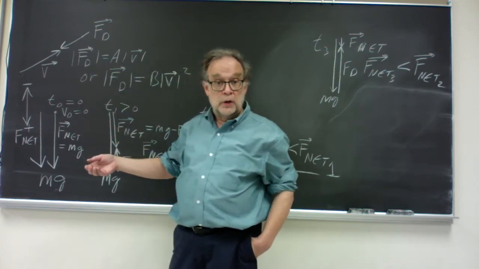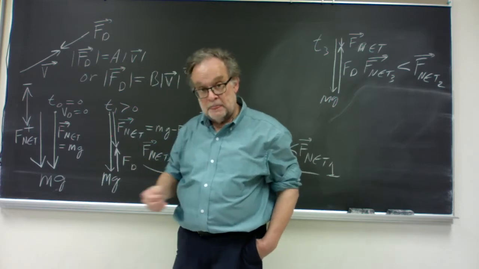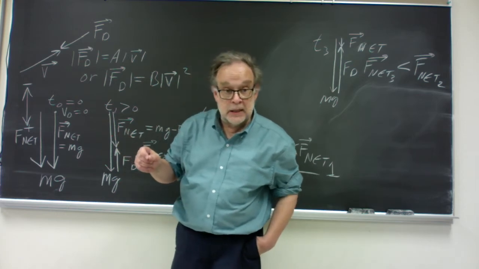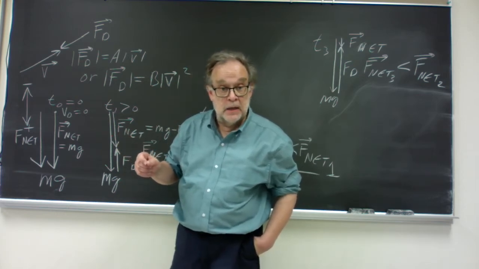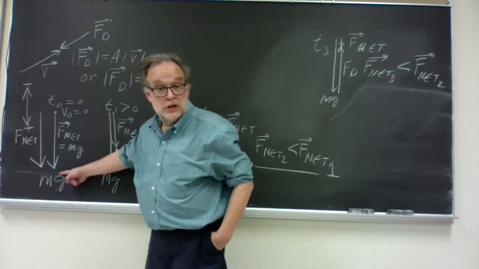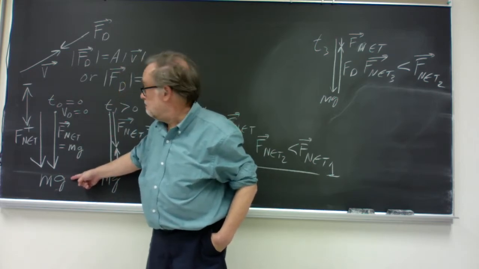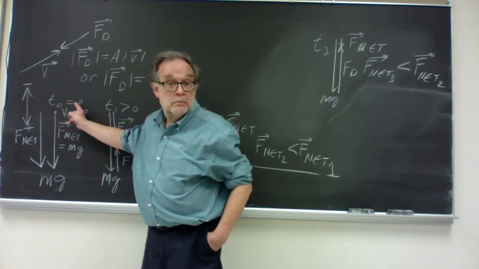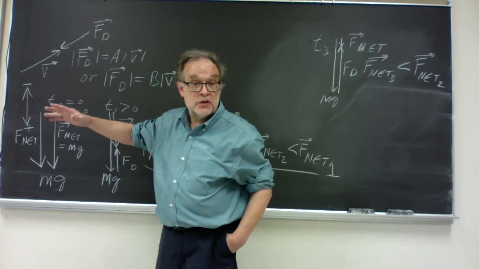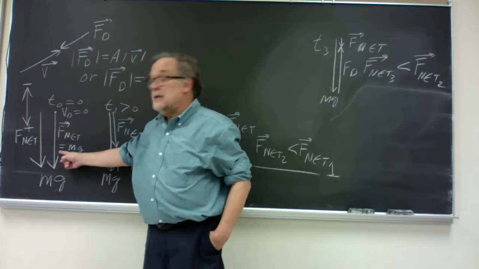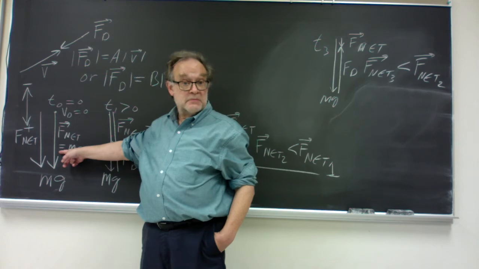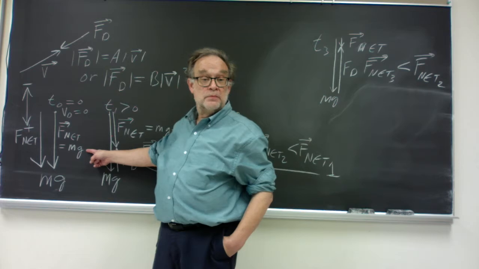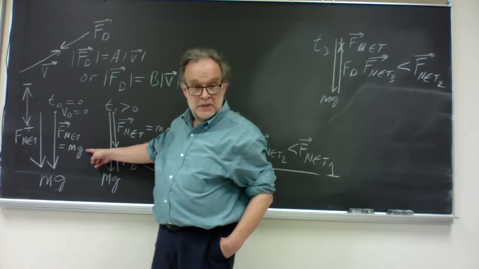Drag force acts only on an object that's moving. So 0 drag force means the only force that's acting on the falling object is the weight, mg. So in this case, at this moment, when the falling thing first began to fall, the net force is nothing but the weight. Right? The net force is equal to nothing but m times g.